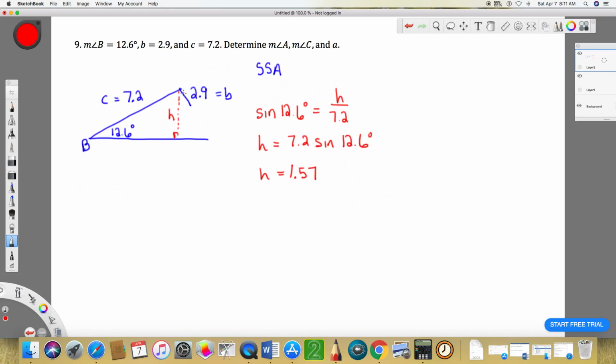So since 2.9 is smaller than 7.2 but larger than 1.57, we're going to have two triangles. So I'm going to erase this. If we think of this vertex as a hinge and this 2.9 like a pendulum on a clock, when we swing it out this direction, that's forming this triangle.